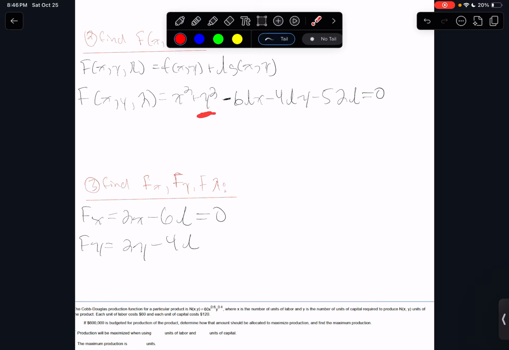We have the derivative of y squared and the derivative of negative 4 lambda y. Then we're going to equate this to 0. Are we done? No, we have one more, capital F lambda, which is going to equal negative 6x, the derivative of this here, minus 4y, the derivative of this, minus 52 equals 0.